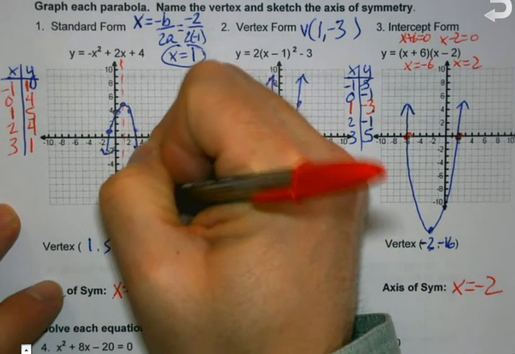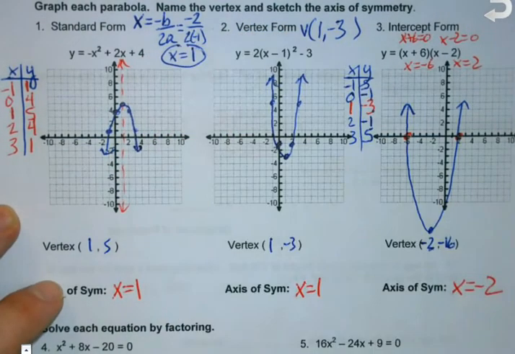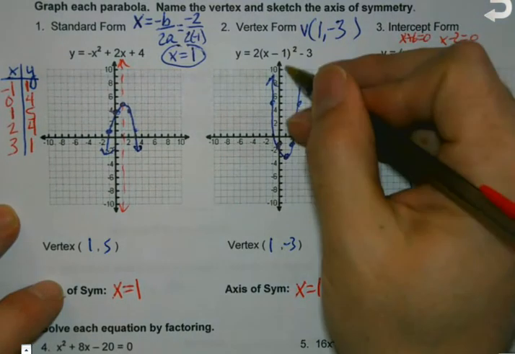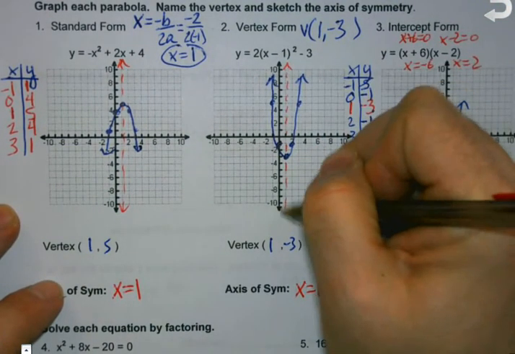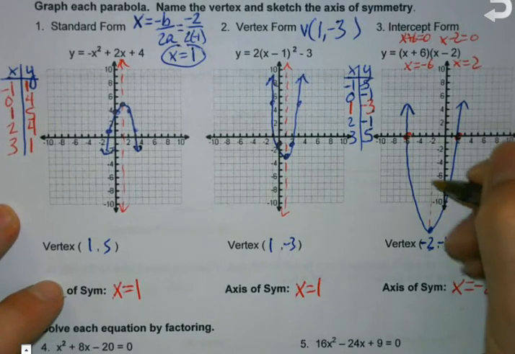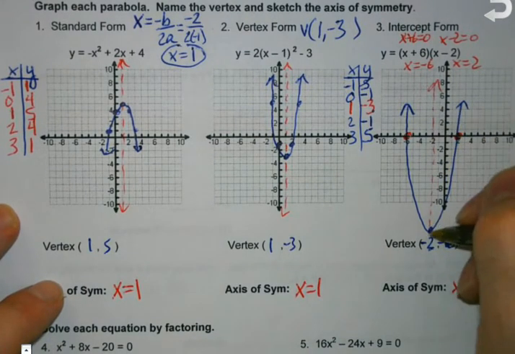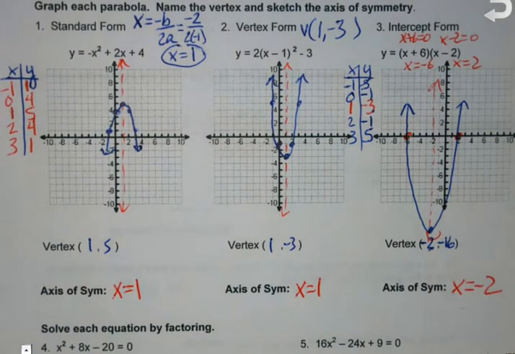And again, that's the line where if you were to fold your parabola in half, you would end up getting symmetry through there. So that's kind of our review of section 5.1 with our graphing of parabolas.